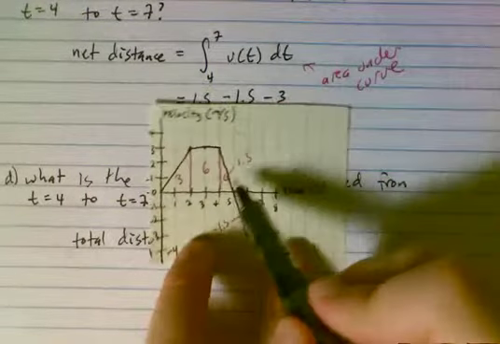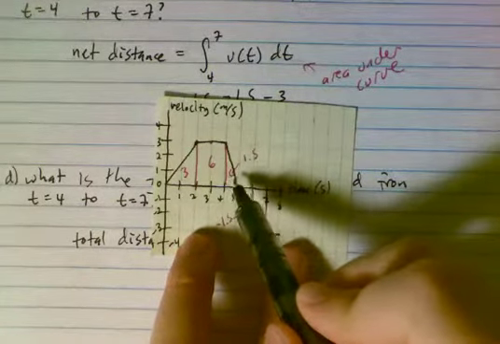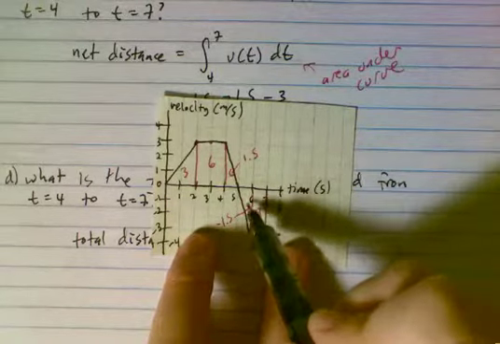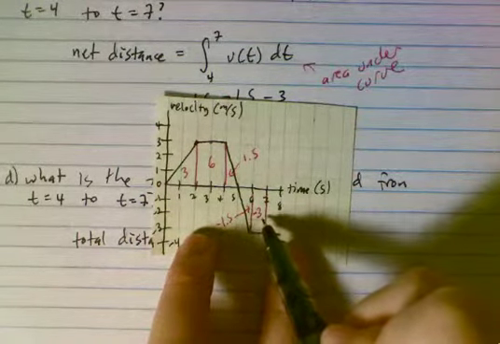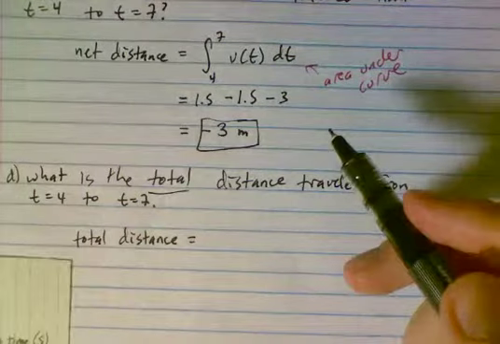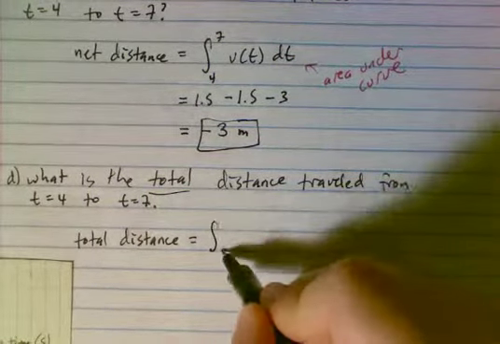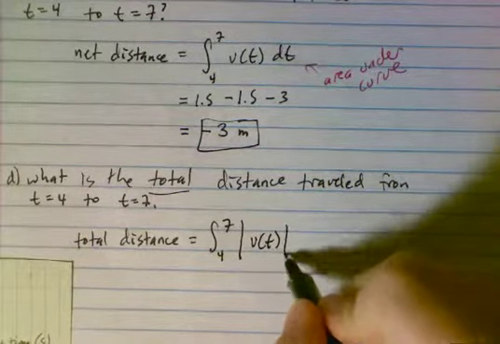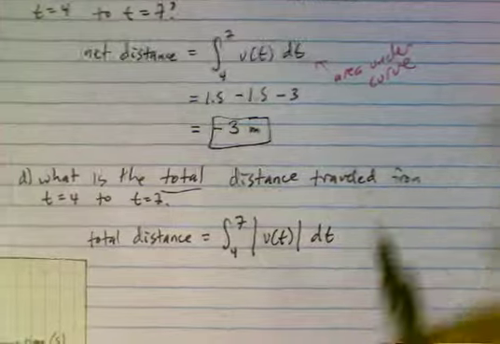That means that here, when we're traveling 1.5 meters to the right, that's part of the distance. But then this 1.5 meters here and this 3 meters here where we're traveling to the left still counts as distance in terms of total distance. So the total distance from 4 to 7 is the integral of the absolute value of v of t dt.